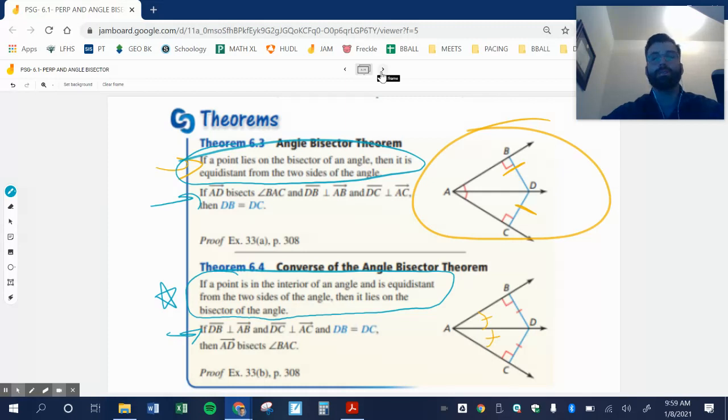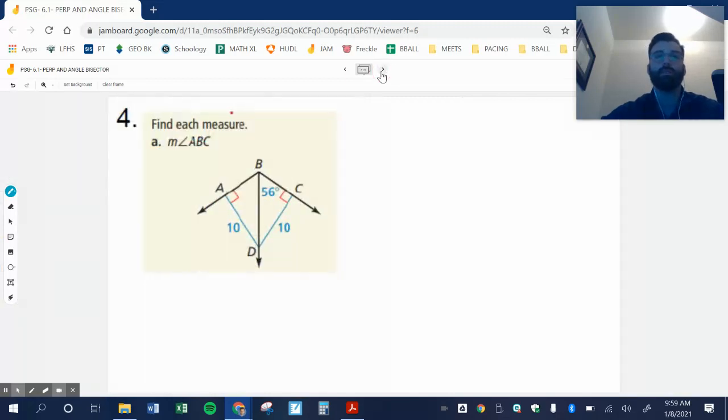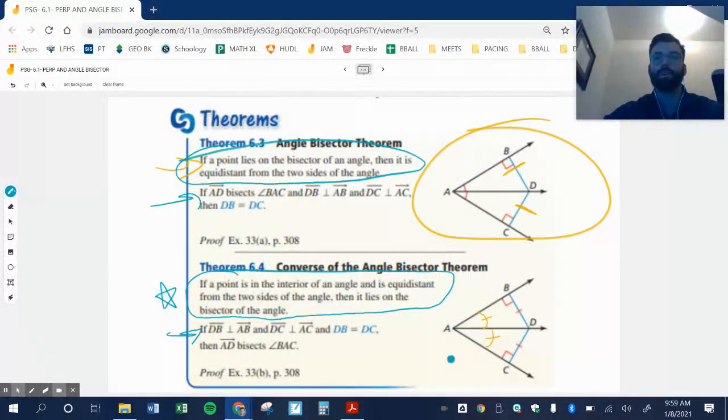Let's keep going. Find the measure of each angle. I can see right away that AD is congruent to CD, and BAD and BCD are both right angles. Looking down here, I have right angles and two congruent segments. That means these two angles have to be the same.